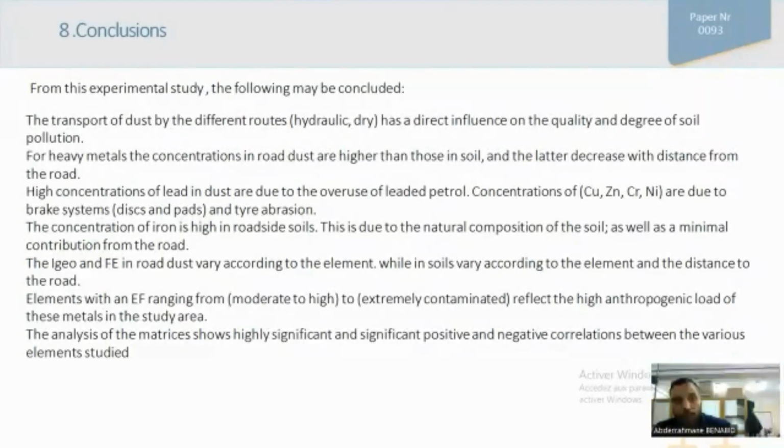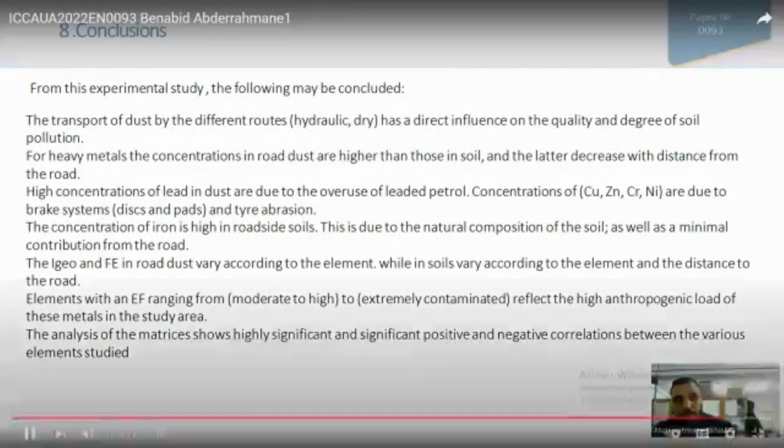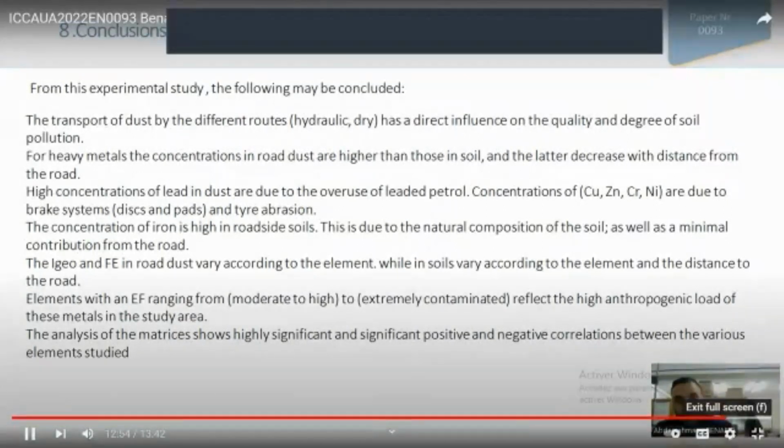The index of geoaccumulation and enrichment factor in road dust vary according to the elements, while in soils they vary according to the element and the distance to the road. Elements with enrichment factors ranging from moderate to high to extremely contaminated reflect the high anthropogenic load of these metals in the study area.